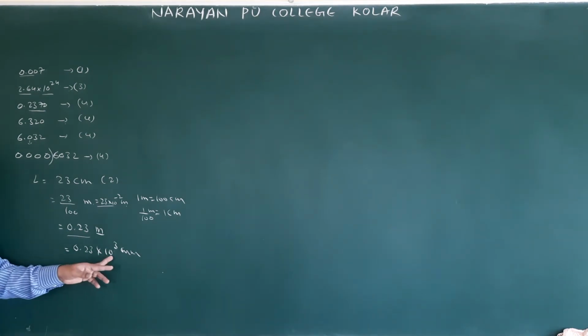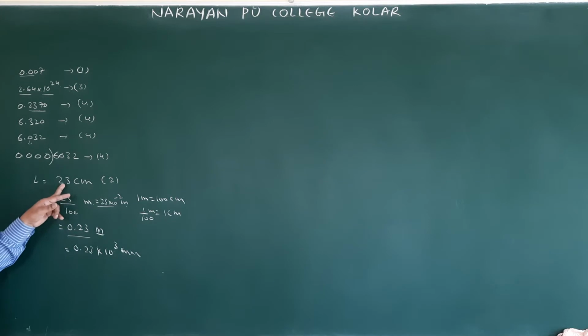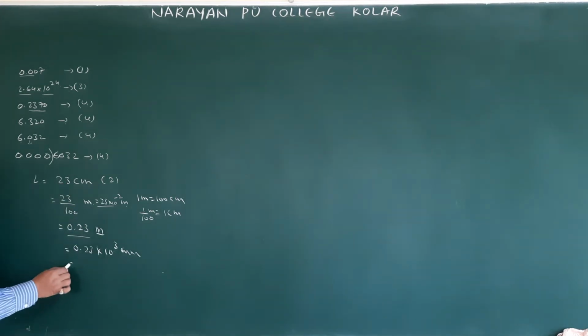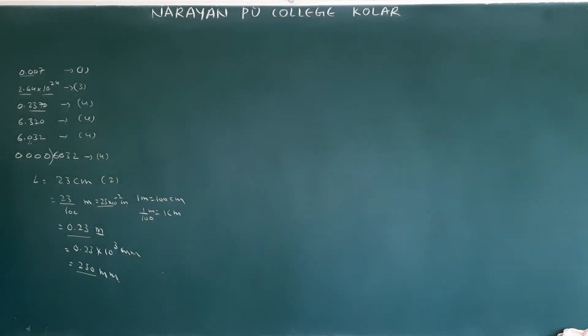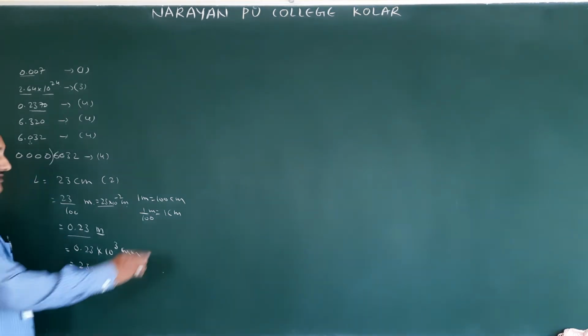If you multiply, how much do you get? 230 millimeters. In this also, how many significant digits are there? 2 significant digits. Because we don't need to work with the powers of 10. Therefore, whenever you convert units, the number of significant digits should not change. Okay.